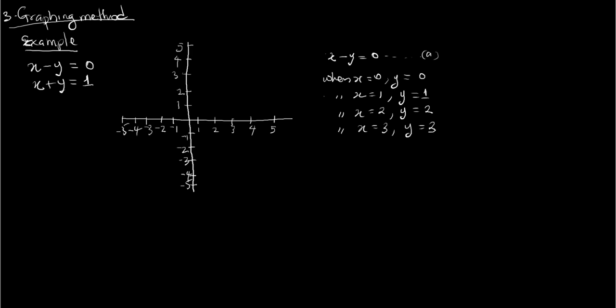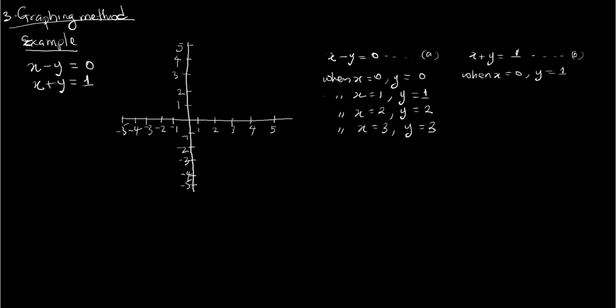So similarly, if you do the same thing for the other equation, you have x plus y is equal to 1, right? Let's call this equation B. Let's see what we get. When x is equal to 0, that leaves me with my y being equal to 1.